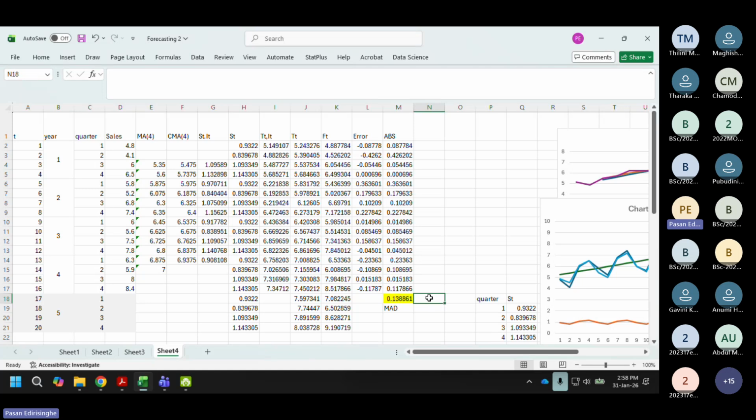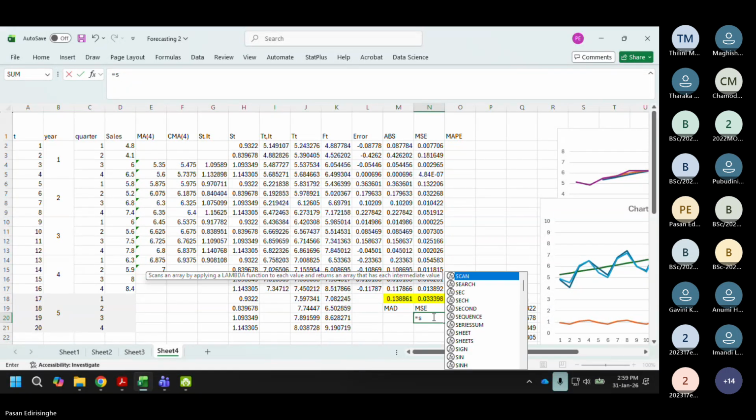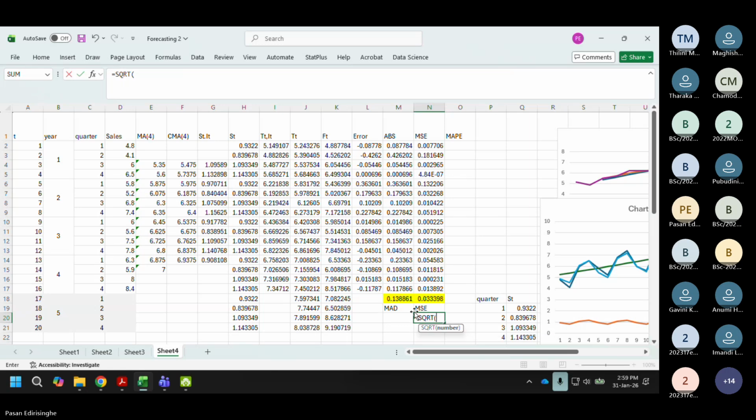And then of course, if you square them, if I just calculate these numbers as well, and then the mean absolute percentage error.